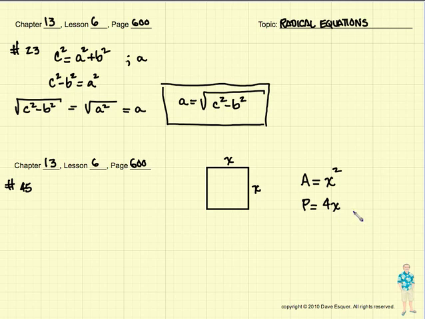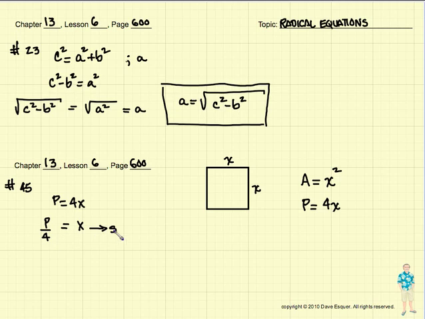So let's see if we can come up with an area using P. Well, we have P is equal to 4x, or x turns out to be P over 4. All I did was divide both sides by 4.